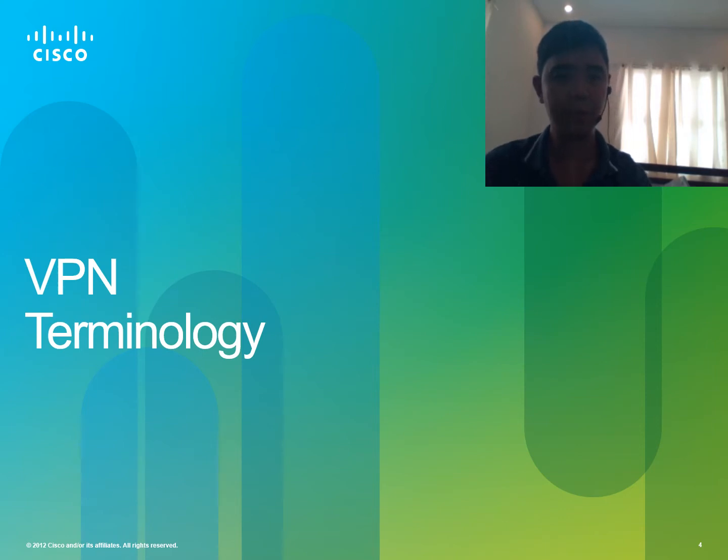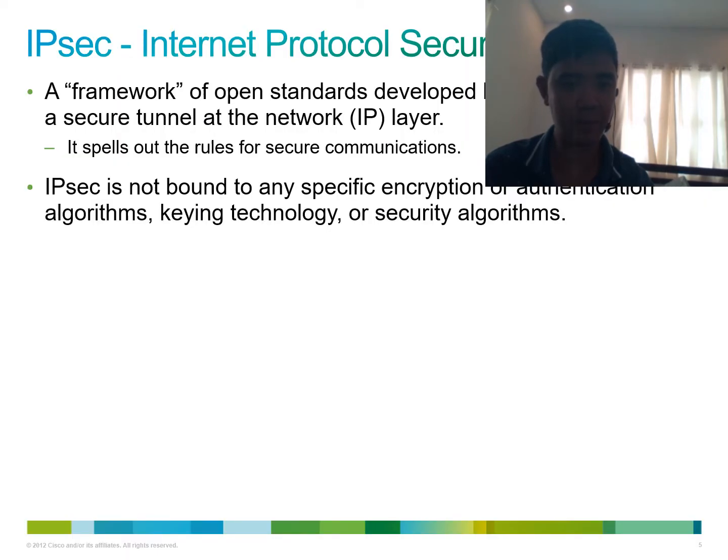Before we proceed to the setup, let's go over some terms in relation to VPN. First, a very popular framework used in VPN is IPsec, also known as Internet Protocol Security. In IPsec, there is a suite of protocols.